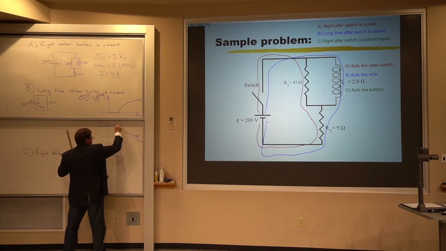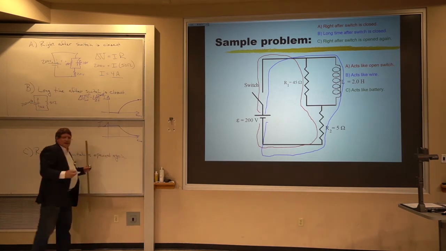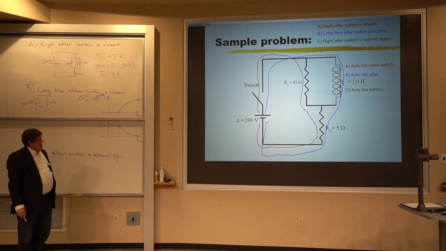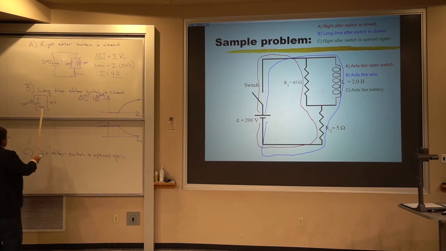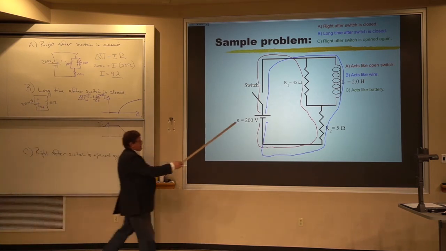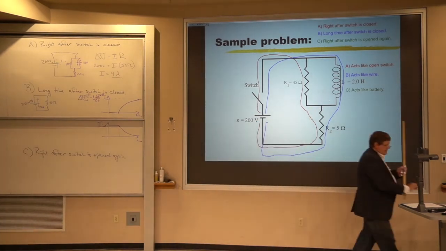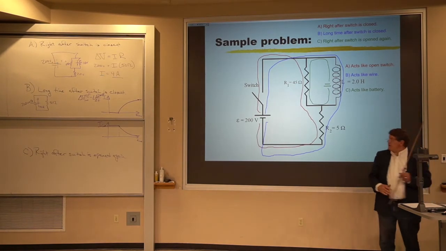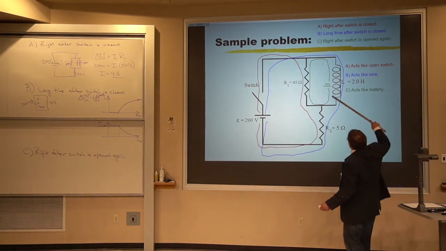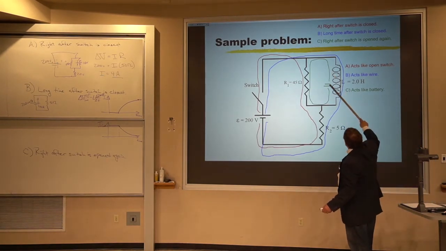And so that means that right before I open the switch and right after I open the switch, I essentially have about the same amount of current. Well, I found in part B that the amount of current coming down through this inductor was 40 amps. And so now that inductor is going to drive that 40 amps around the circuit this way.